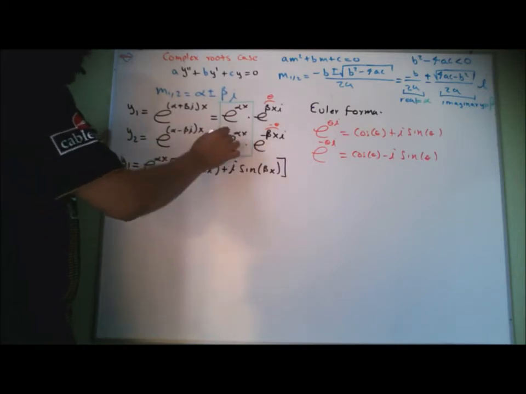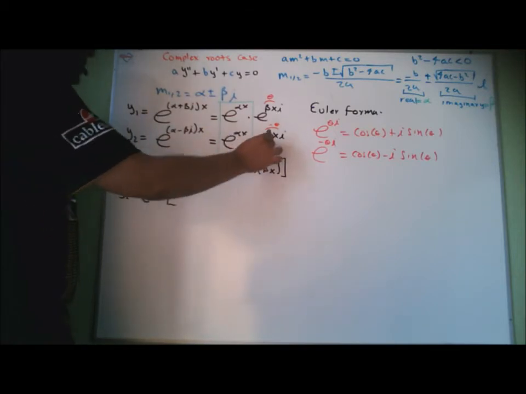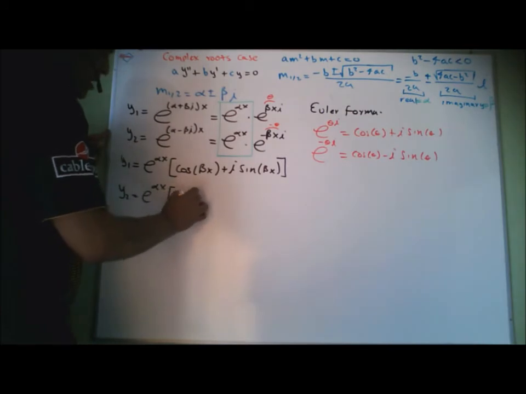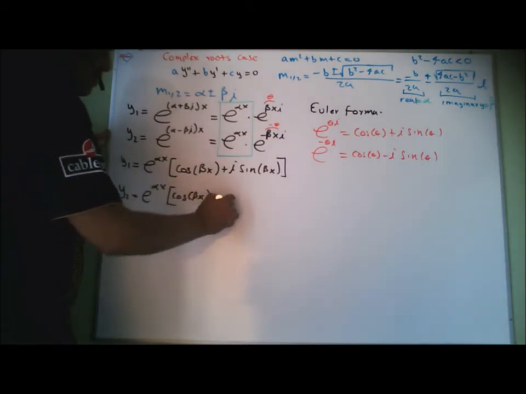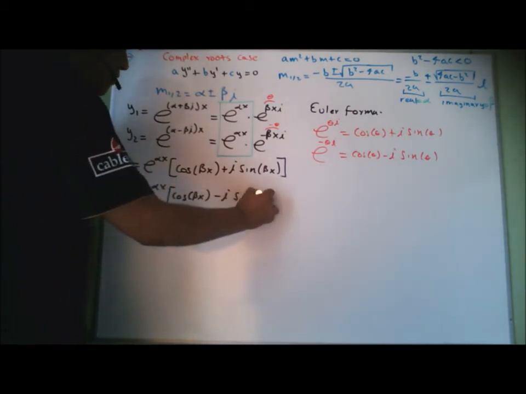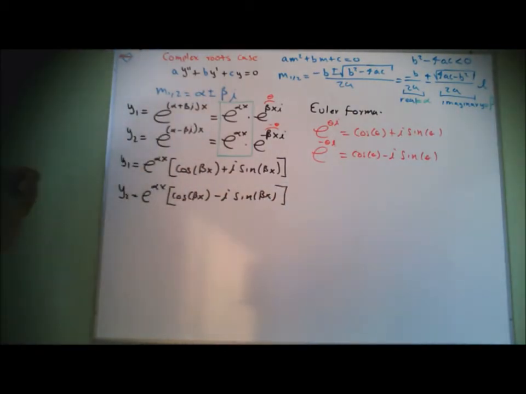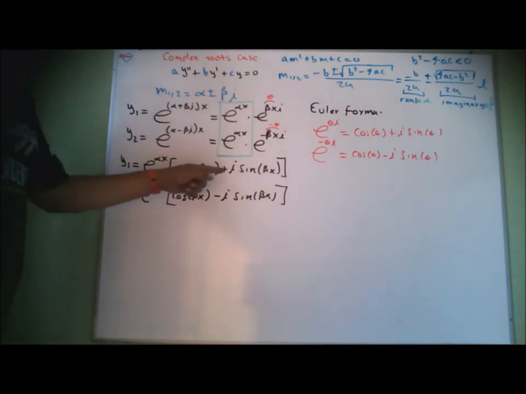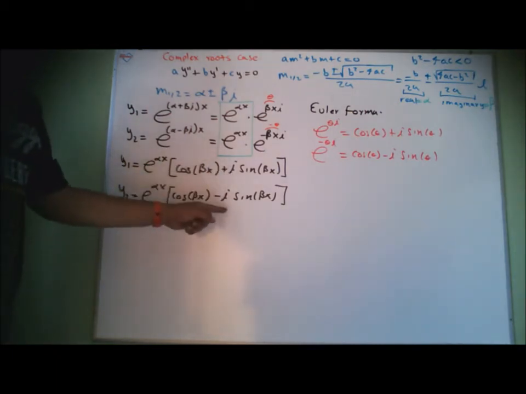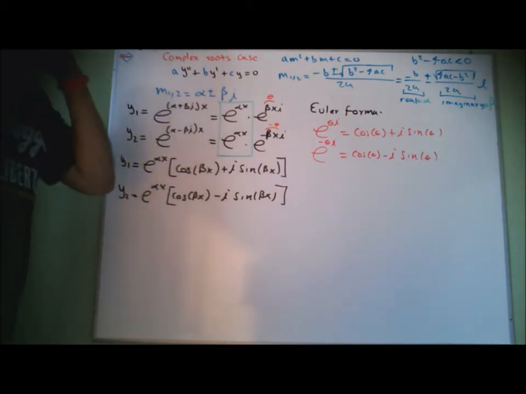Remember, this part is the same. The difference is in this part: cosine of beta x minus I sine of beta x. The same difference as in the beginning. The only difference is here is positive and here is negative. Yet here is still an imaginary function. We still have the imaginary solution.